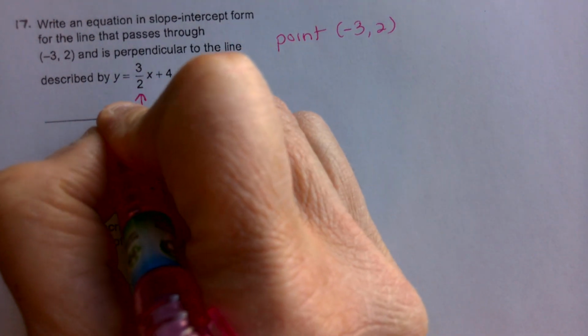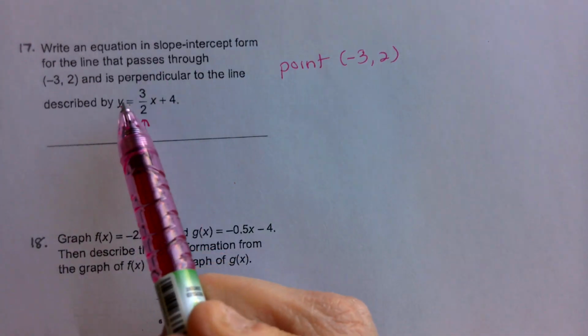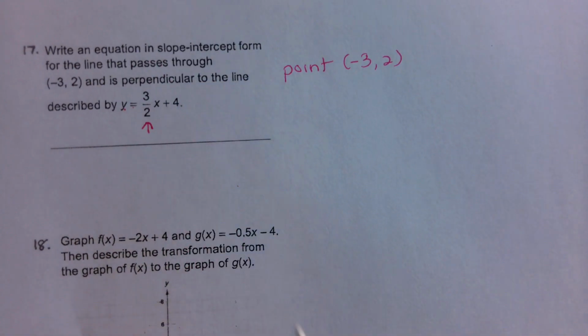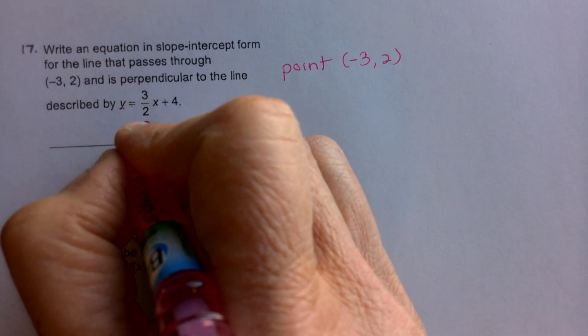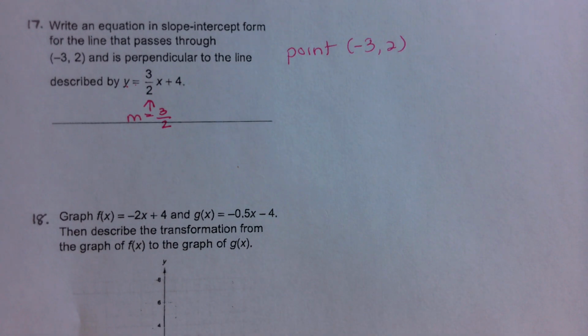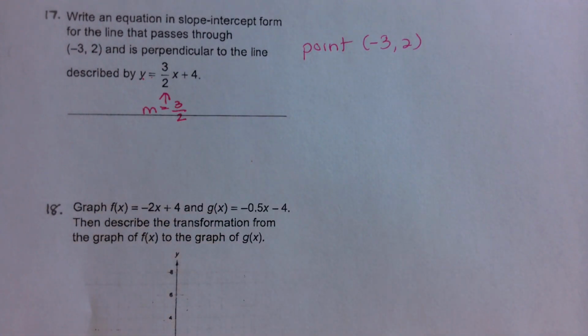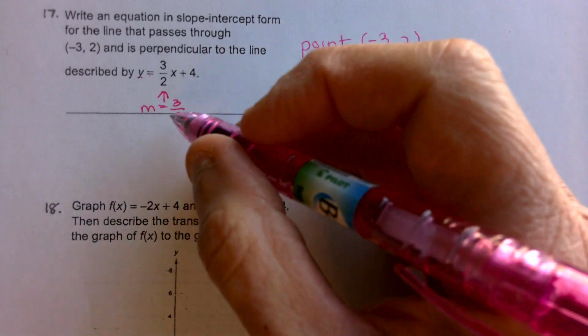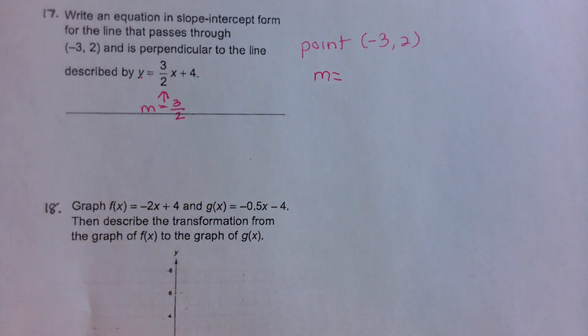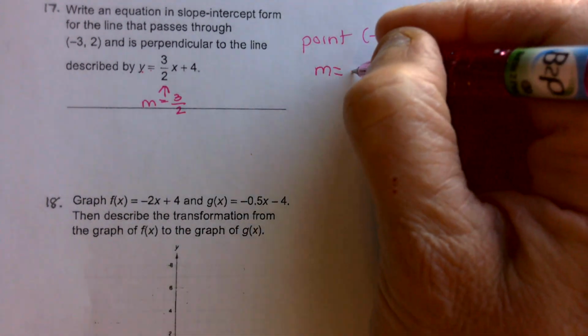The slope of this line, it is in y equals mx plus b form. So I know the slope of this line is 3/2. If this was parallel to this line, I'd have my slope, right? Because they'd have to be the same. But it's perpendicular. So I can get the slope from this, though. The slope, remember, you take the reciprocal and the opposite sign.